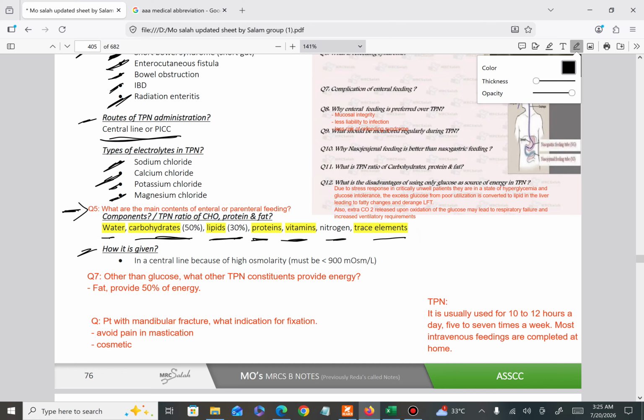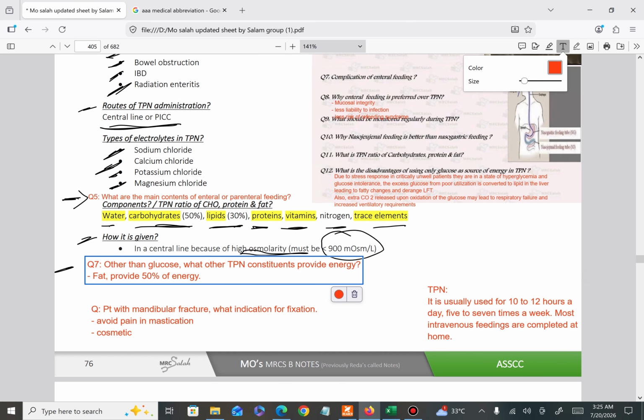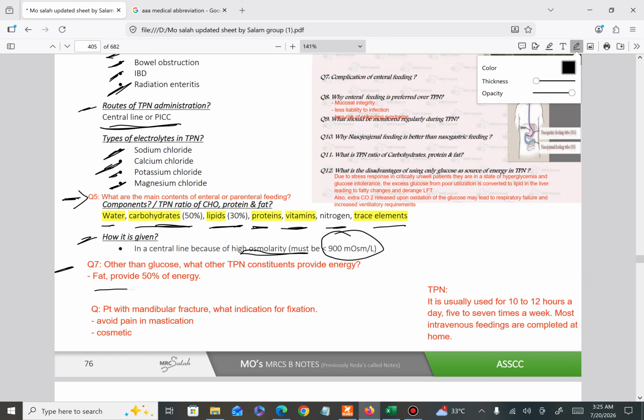In a central line, because of high osmolarity, which must be less than 900 milliosmol per liter. Other than glucose, what other TPN constituents provide the energy? It can be fat, which provides 50% of energy.